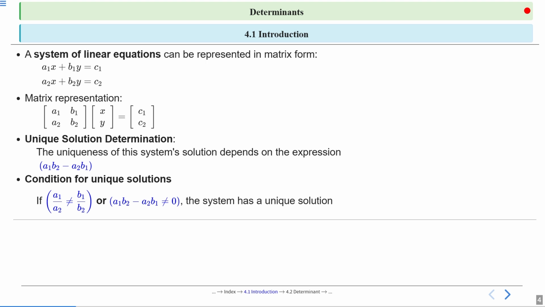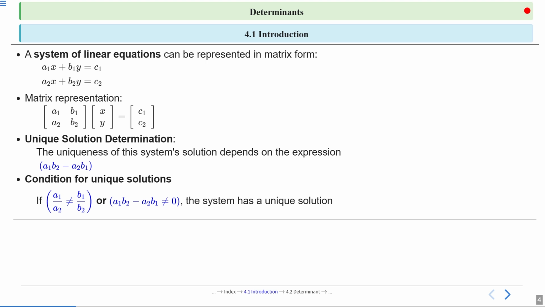So if we calculate the value a1 b2 minus a2 b1, we know about the system of linear equations. This expression is important for us, and it is called the determinant for the matrix a1 b1, a2 b2. Okay. So a system of linear equations has a unique solution if this expression is not equal to 0.